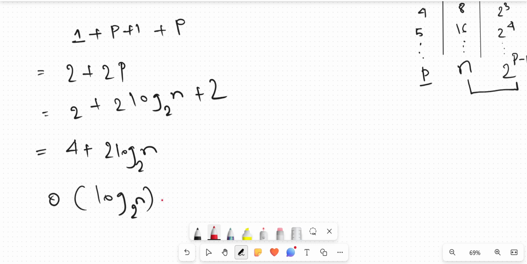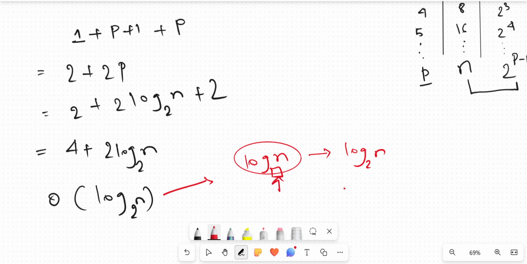There's a small notation here. In computer science, when we write log n, it by default becomes 2 base log n. You need to write the base number only when the base is anything but 2. If you find 3 base log n, you cannot write it like log n. It will be false, because by default in computer science we assume that only log n is 2 base log n, right? Not 3 base log n.